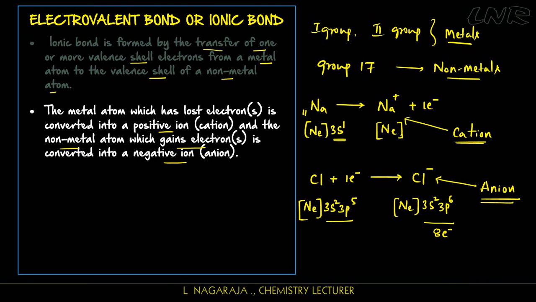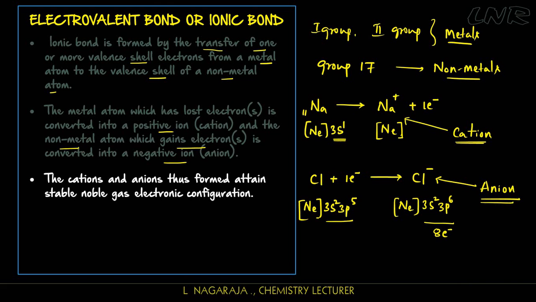These negatively charged ions are called anions. The cations and anions thus attain the noble gas electronic configuration, right? Both Na+ as well as Cl- attain the nearest noble gas configuration.